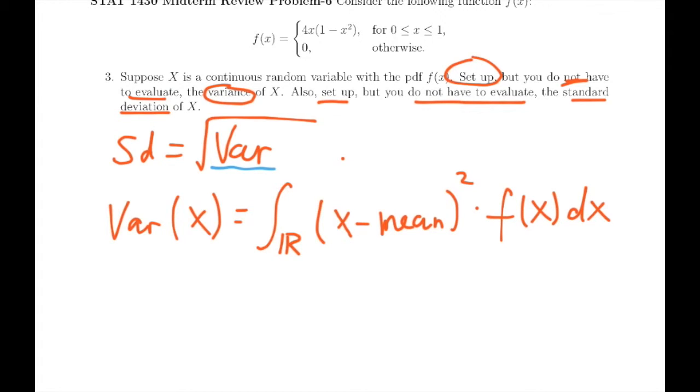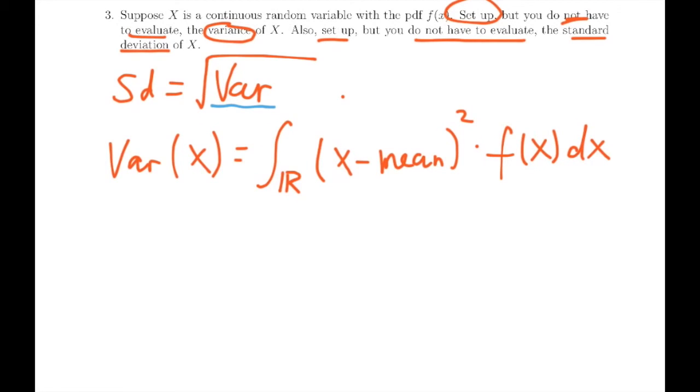Okay? So from the second part, we already found the mean is equal to 8 over 15. So we can plug in the numbers.